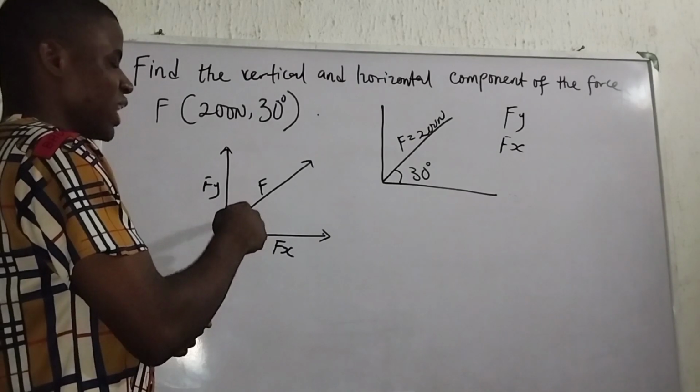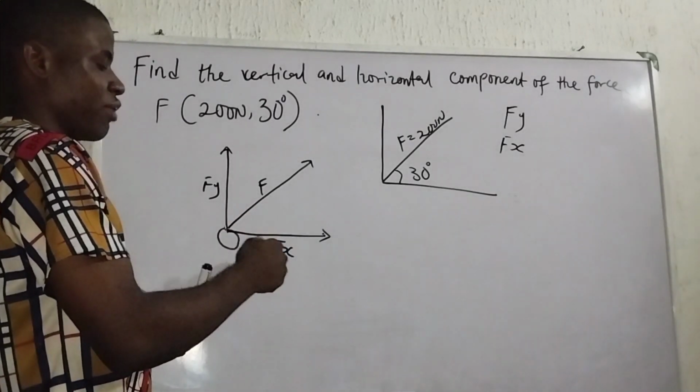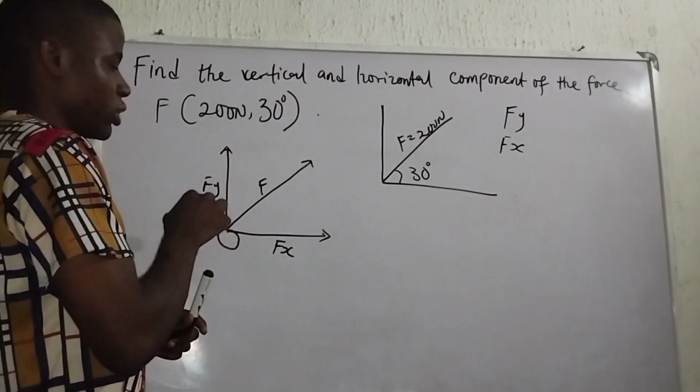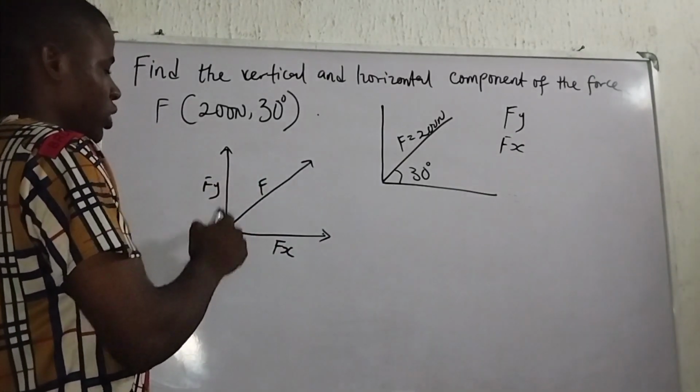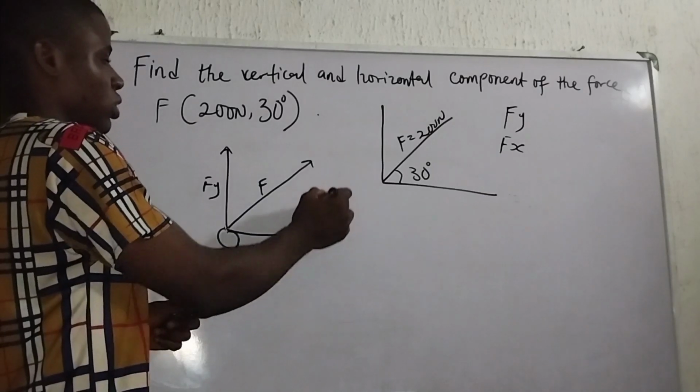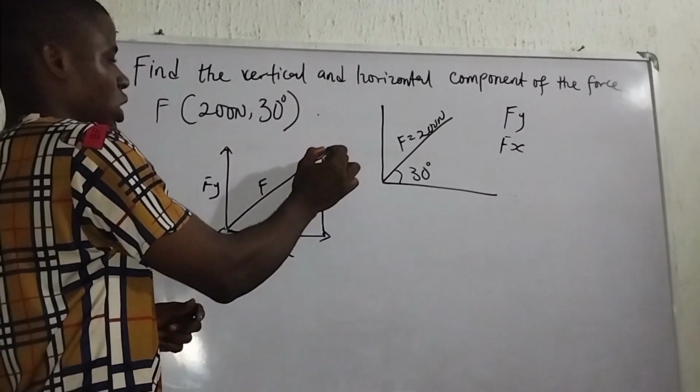And then their resultant, the resultant of the vertical and horizontal components of the force, is given as this F. From here to here, Fy should equal from here to here as well. I hope it makes sense.